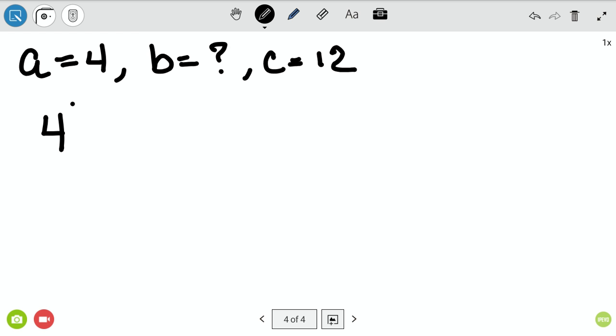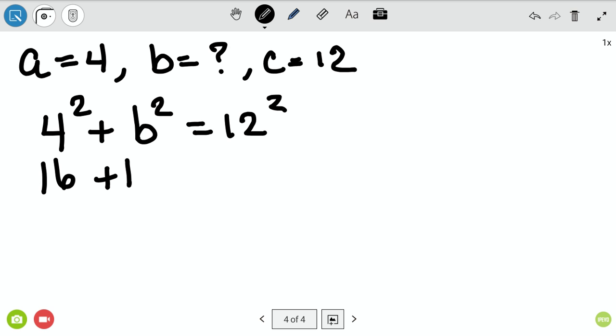So we're going to do 4 squared plus B squared equals 12 squared, or C squared. Now I'm going to do all my squares first. So I've got 16 plus B squared equals 144.